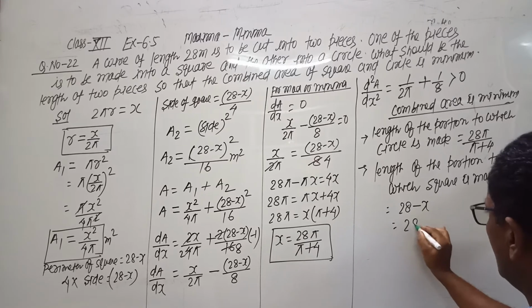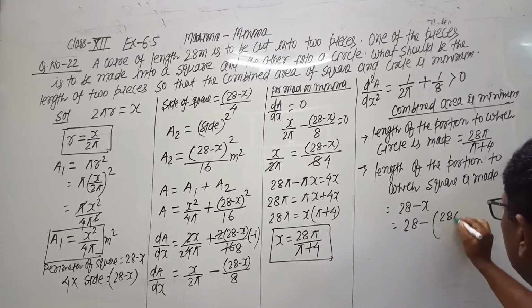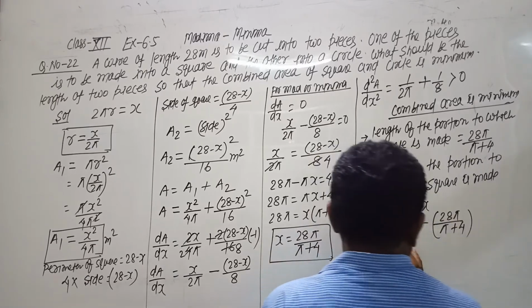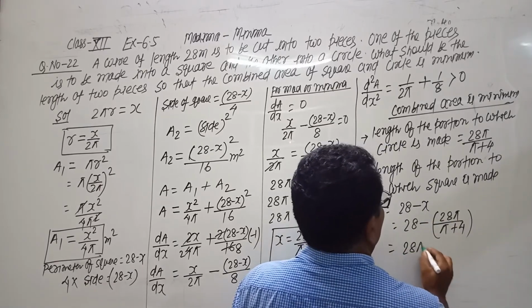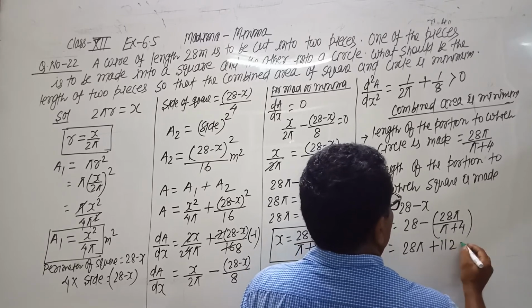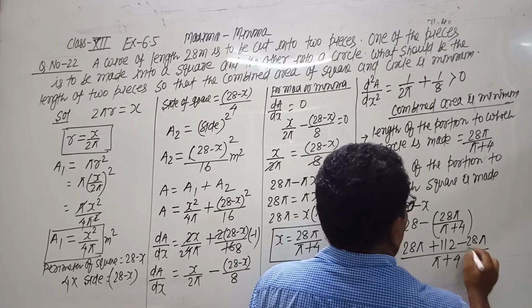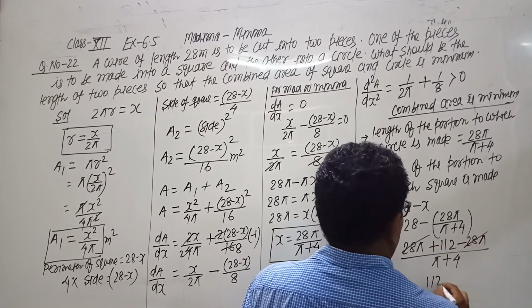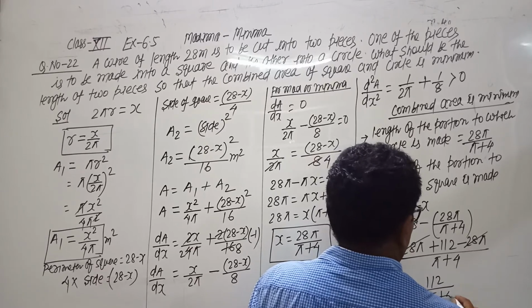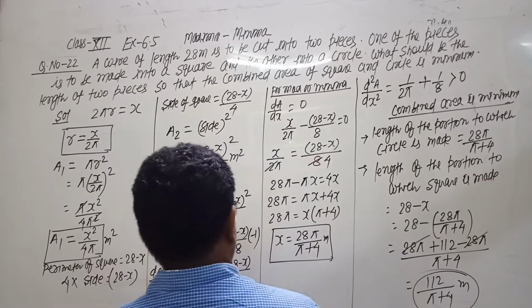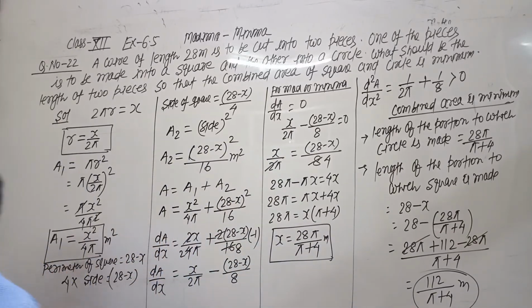So we put the value of x, 28π upon π plus 4, and take the LCM: 28π plus 112 minus 28π upon π plus 4. The 28π cancels, and that portion is 112 upon π plus 4 meter, and the portion of the length to which the circle is made is 28π upon π plus 4.